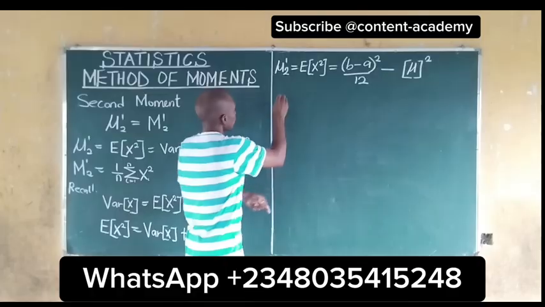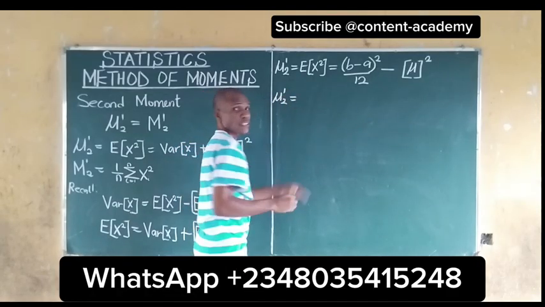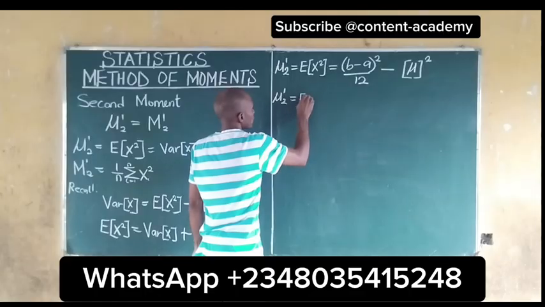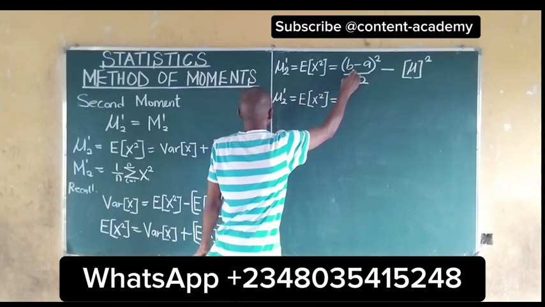So we have to solve for this. Our population mean for the second moment is equal to the expected value of x squared.